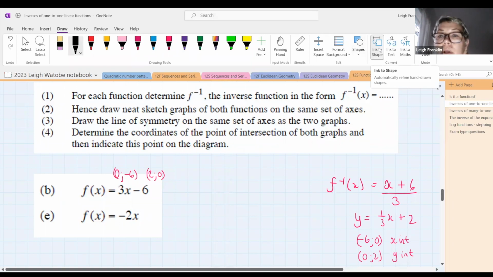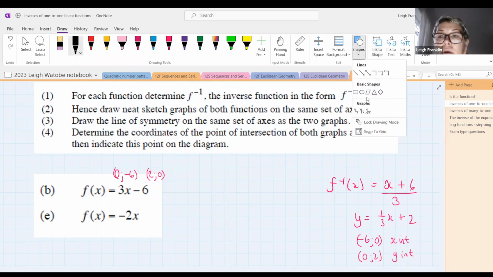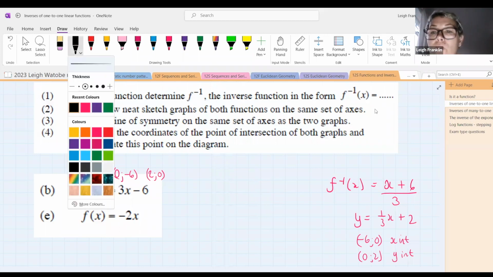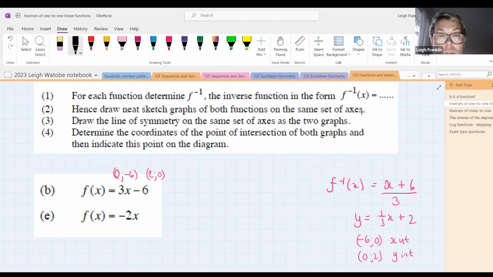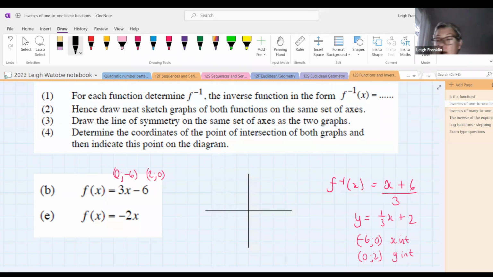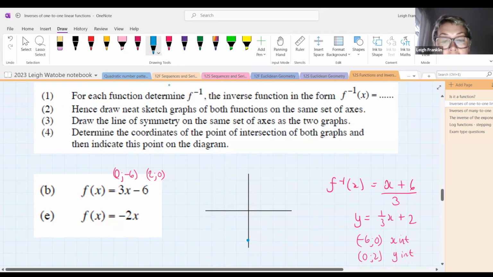For example, I will show you guys. This is just to help Alungile and Nosipo who were struggling. If we do the original function first, negative 6 would be somewhere down here, and 2 would be somewhere over there.